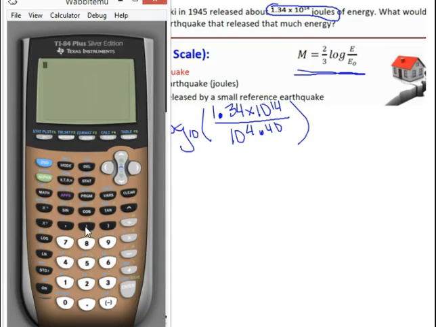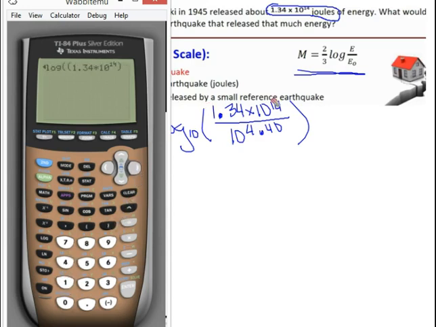Alright, so our equation was 2/3, I'm going to put that in parentheses, times the log base 10. We don't have to worry about going into math and selecting that log base option. This log option directly on your calculator is a base of 10, so we can just hit that log. And we want to do this top portion divided by the bottom portion. So since I'm dealing with a fraction, I'm going to write this in parentheses as well. 1.34 times 10 to the 14th.